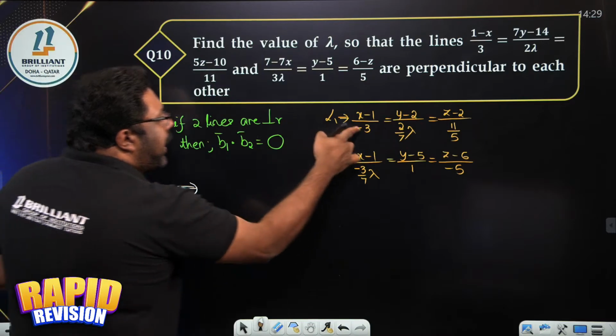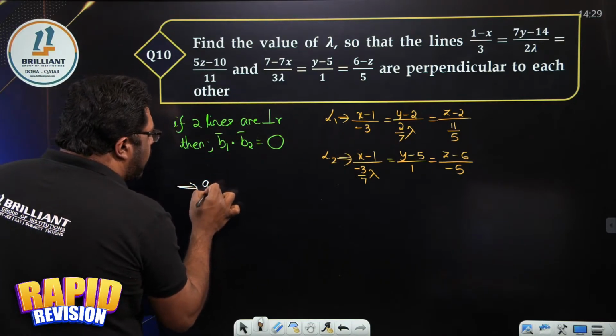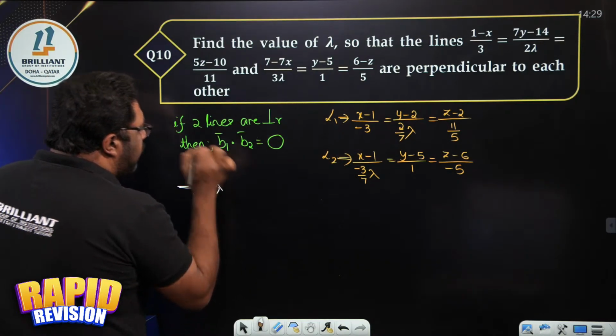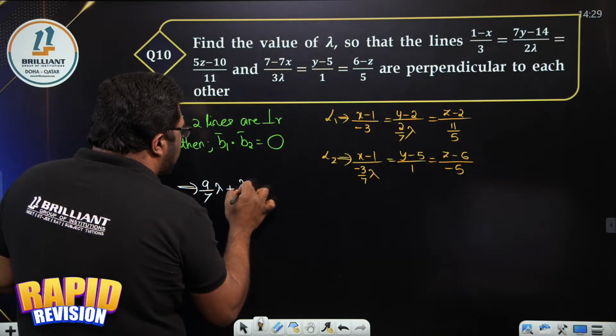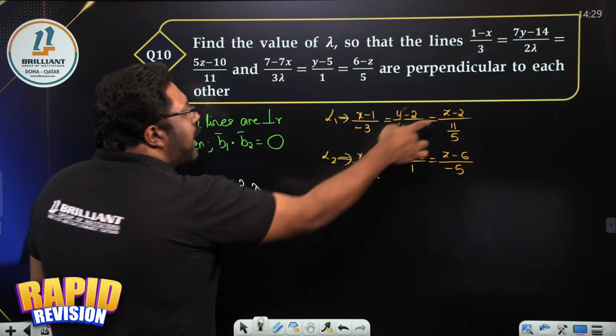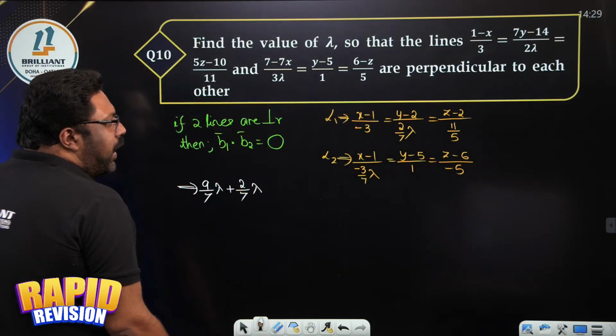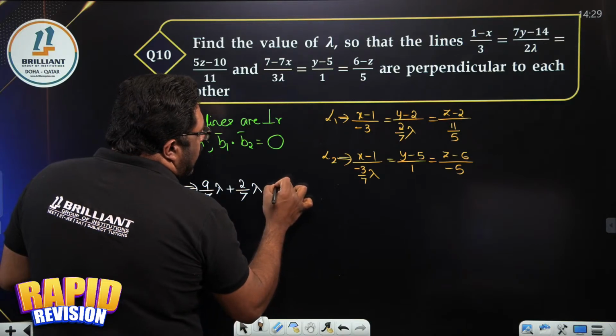Simply multiply minus 3 with minus 3 by 7: 9 by 7 lambda. 2 by 7 lambda with 1 is 2 by 7 lambda. 11 by 5 with minus 5 is minus 11.